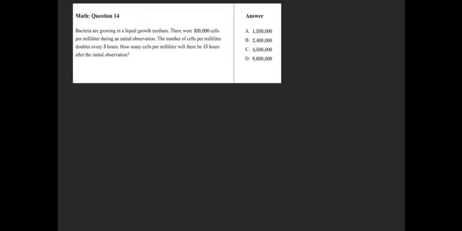Problem 14. Bacteria are growing in a liquid growth medium. There were 300,000 cells per milliliter during an initial observation. The number of cells per milliliter doubles every 3 hours. How many cells per milliliter will there be 15 hours after the initial observation?